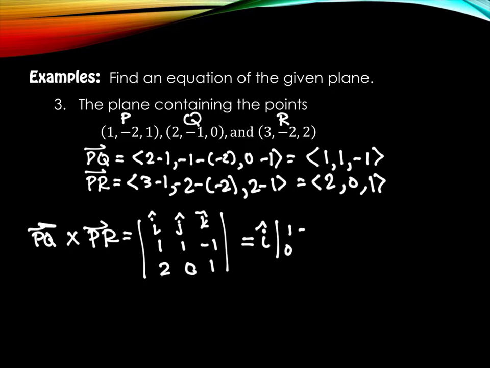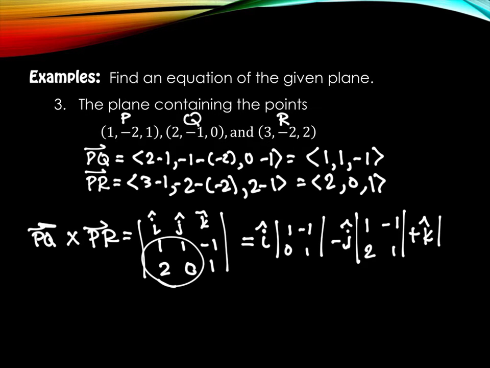So this is 1, 0, negative 1, 1, minus J. I'm doing the outside pieces here and here. So I have 1, 2, negative 1, 1, plus K. And then I'm doing this corner over here. So I have 1, 2, 2, 1, 2, 1, 0. Okay, I think I got them all there.